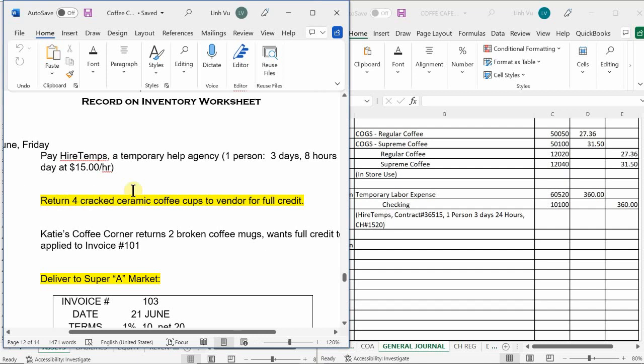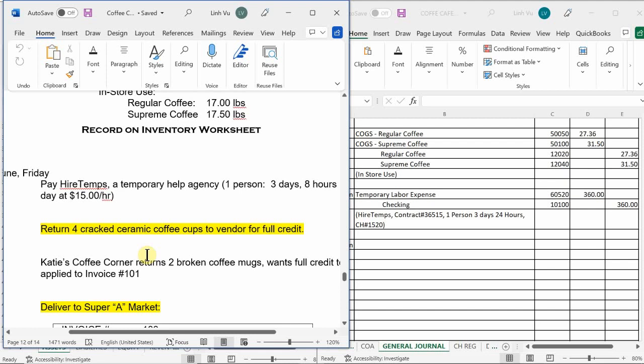We're on the highlighted yellow. Four credit, ceramic coffee, return full credit. How do I journalize that, and where am I getting these numbers to be able to give me my full refund?